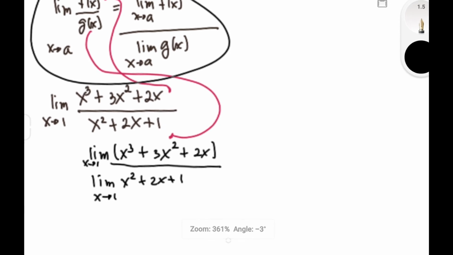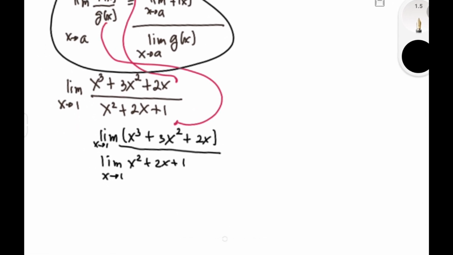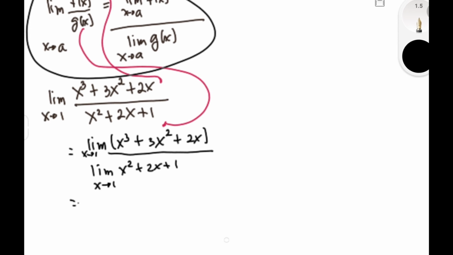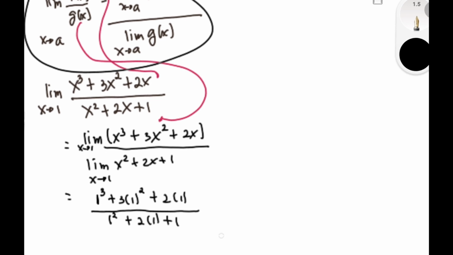Okay, so for further evaluation of this mathematical equation, we'll have a value equal to 1 cubed plus 3 multiplied by 1 squared plus 2 multiplied by 1, divided by 1 squared plus 2 multiplied by 1 plus 1.